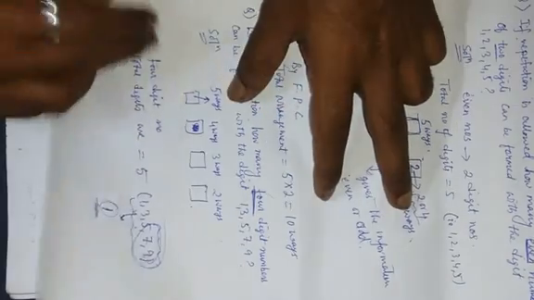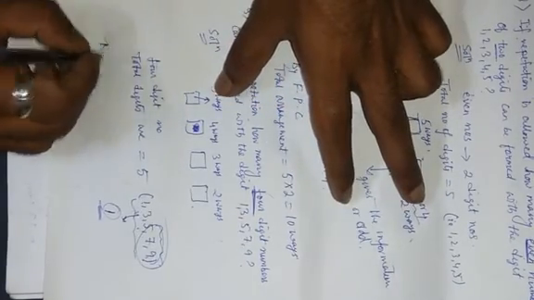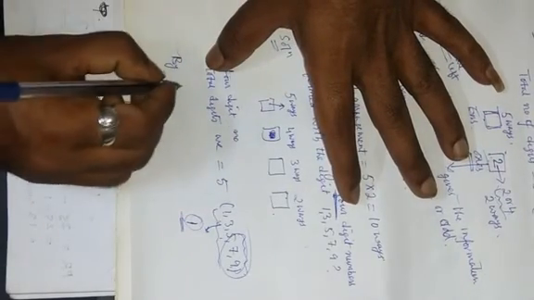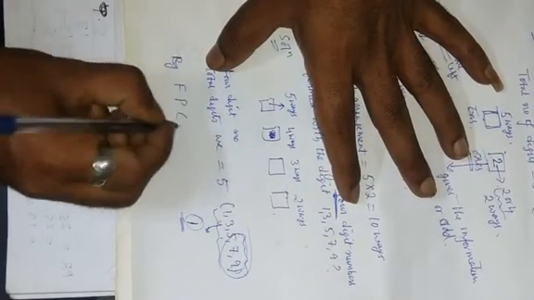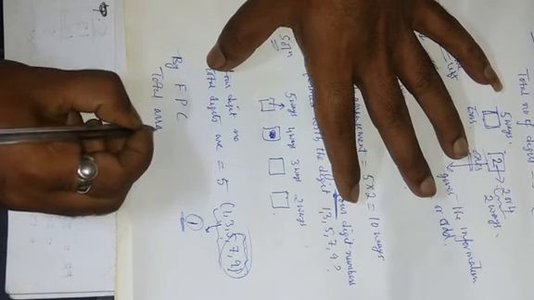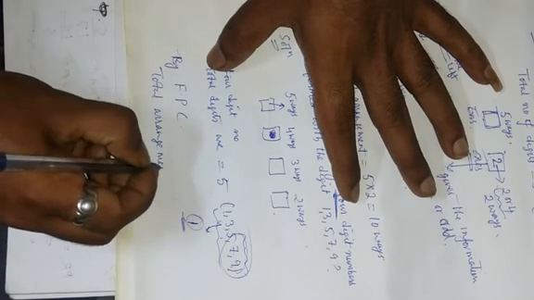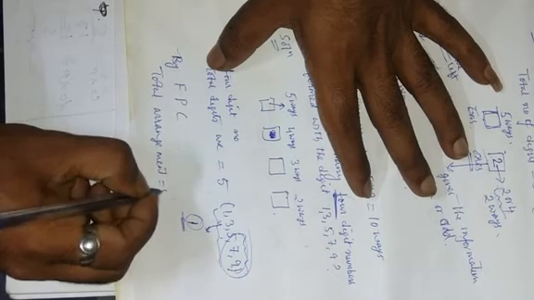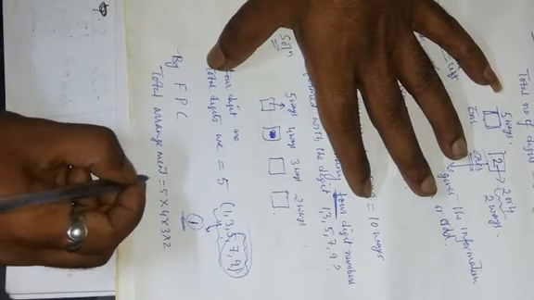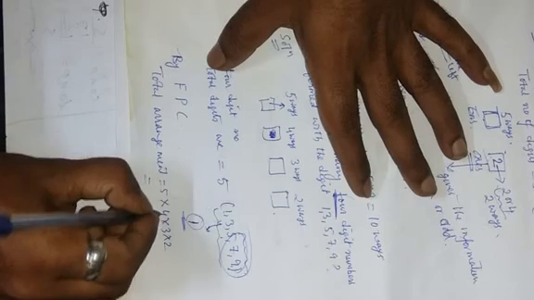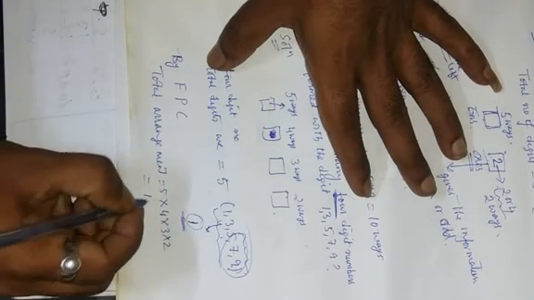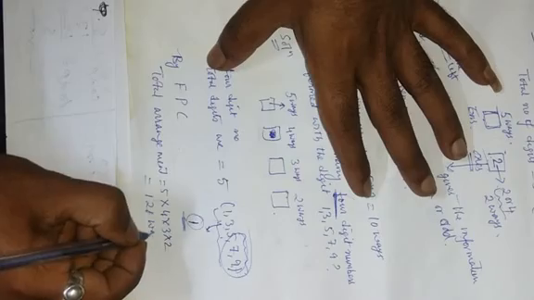So what does the fundamental principle of counting say? By the fundamental principle of counting, total arrangements equal multiplying all the numbers: 5 into 4 into 3 into 2. 5 fours are 20, 20 into 6 is equal to 120 ways.